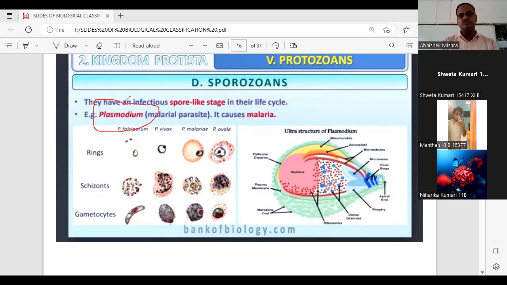This enters into the body of the female Anopheles mosquito, and when the female Anopheles mosquito bites the human, we get infected. So if someone asks you what the causative agent of malaria is, you will say Plasmodium is the causative agent of malaria, and the female Anopheles mosquito is the transmitter, the carrier. Is it clear, Shweta? And all students, is it clear? So this is also an example of the protozoan.